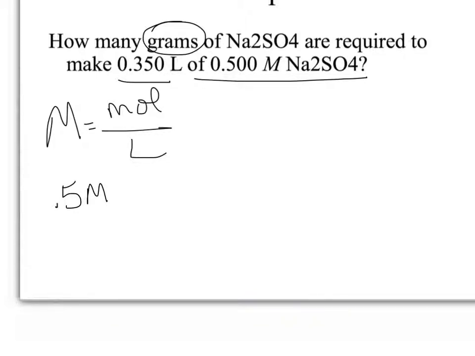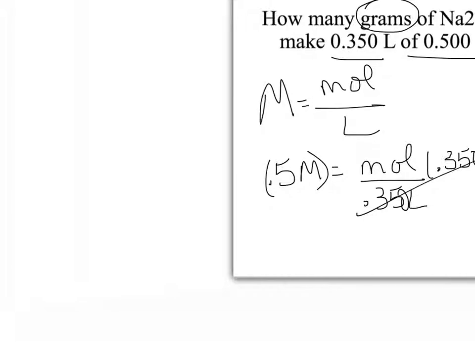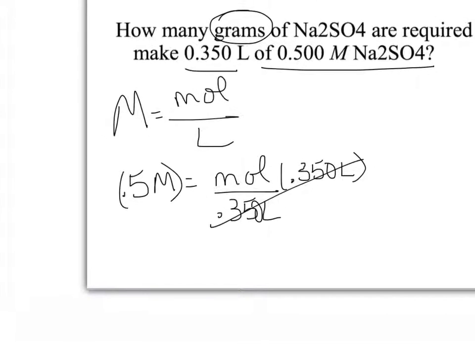0.5 molar equals moles over 0.35 liters. So 0.350 is on bottom. It's dividing. The opposite of dividing is multiplying. And what you do to one side, you must do to the other.